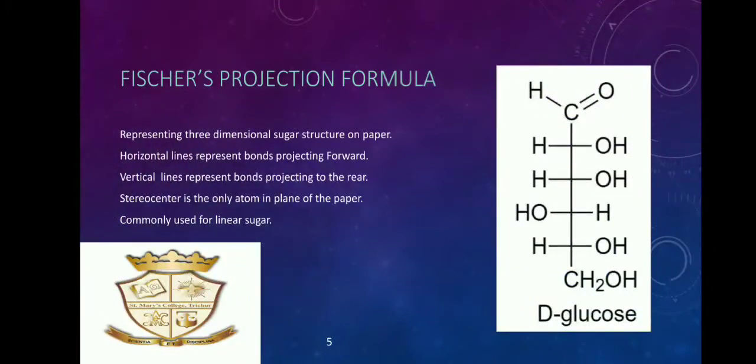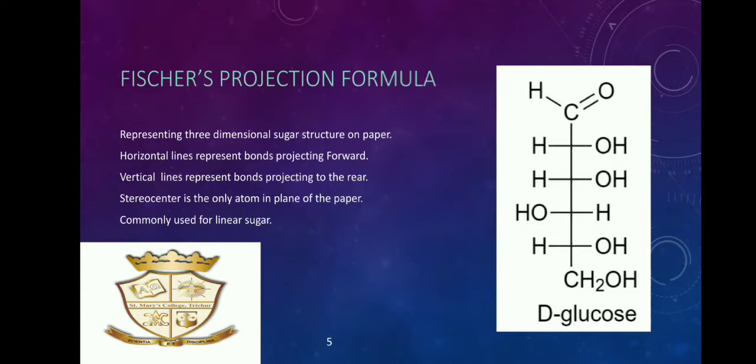The next method is Fischer's projection formula. Fischer's projection formula is a two-dimensional representation showing the configuration of a stereocenter. It is mainly used to represent three-dimensional sugar structure on paper. In this, the horizontal lines represent bonds projecting forward and the vertical lines represent bonds projecting to the rear.